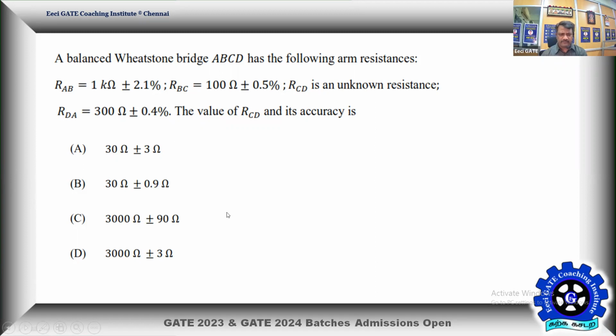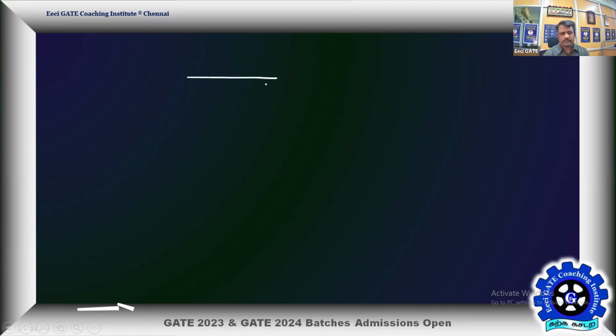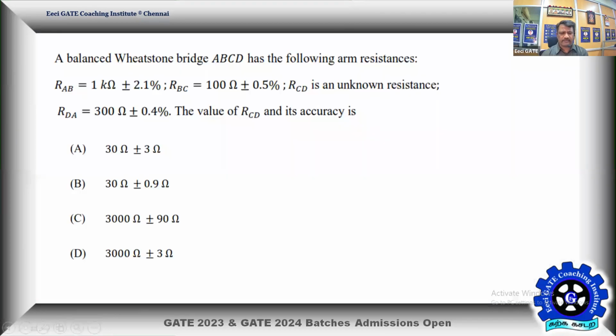So let us form the bridge first, between the terminals A, B, C, and D. Let this be the point A. There's a point B, a point C, and a point D. So A to B, what we have?